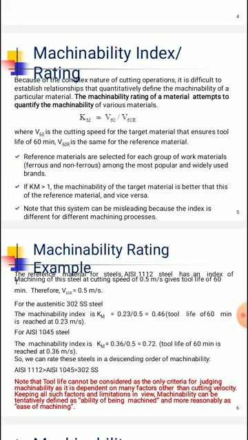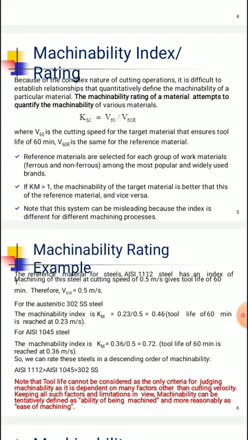Then how is it expressed as V60R? Since R is the reference material, it belongs to the family of steel having the standard AISI 1112. Now V60 is equal to 0.5 meter per second.